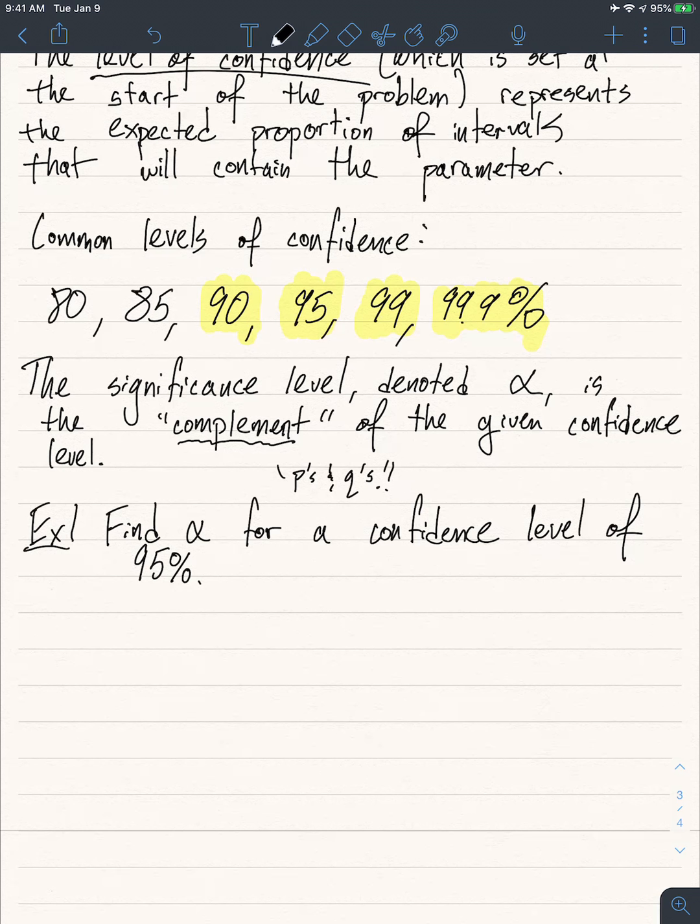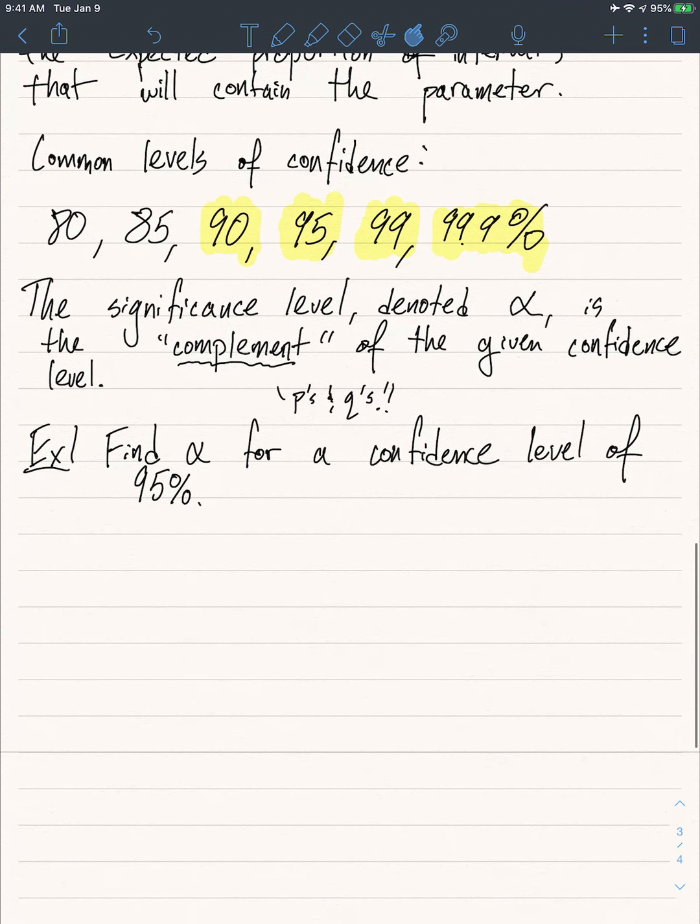We've gotten really good about coming up with Q if I give you P. That's the same thing going on here. When I say the significance level alpha is the complement of the confidence level, we would get it by doing 100% minus 95%. So the significance level for a confidence level of 95% is 5%.